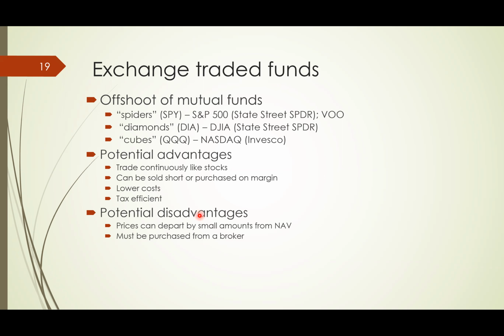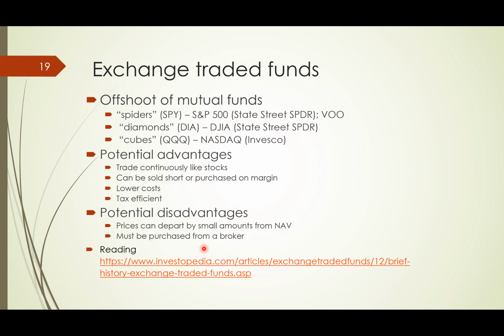The potential disadvantage is that because they're traded on the stock exchanges, prices can deviate from net asset value, creating mispricing. Also, you have to purchase ETFs through a broker that could incur commissions. Nowadays, most commissions are zero, and you cannot purchase them directly from the management.